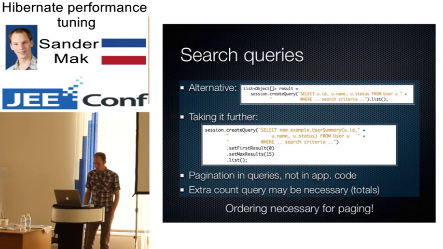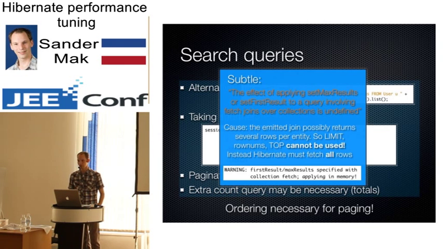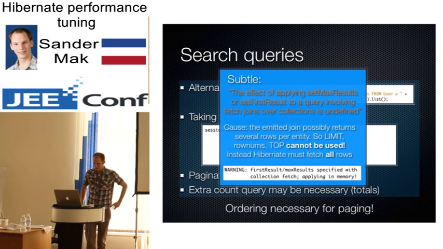There's one nice interaction between the fetch joins that we talked about earlier and the pagination that I've shown here. Because if you call set max result or set first result on a query that involves fetch joins, this is coming from the JPA spec, by the way, the effect is undefined. So that's pretty nice, right? It can do anything it likes.